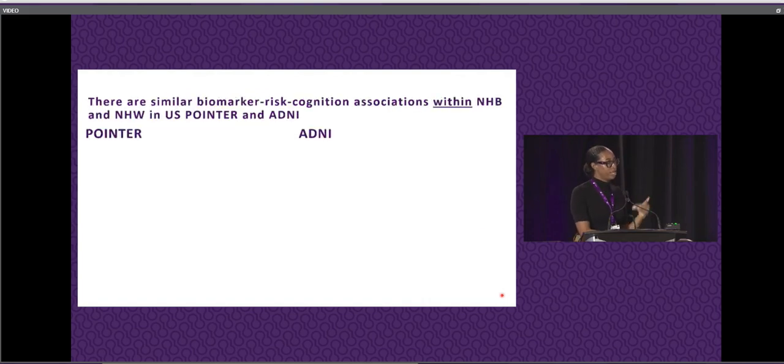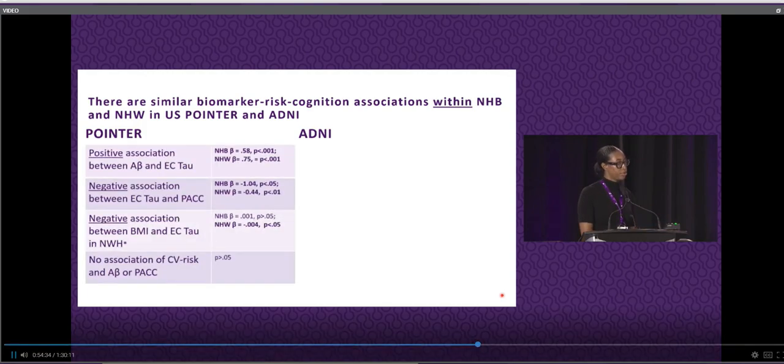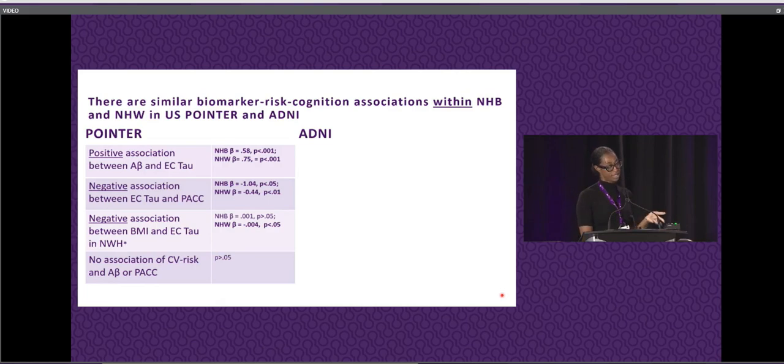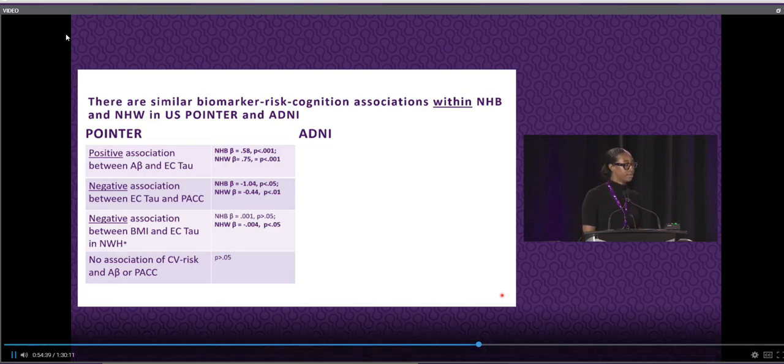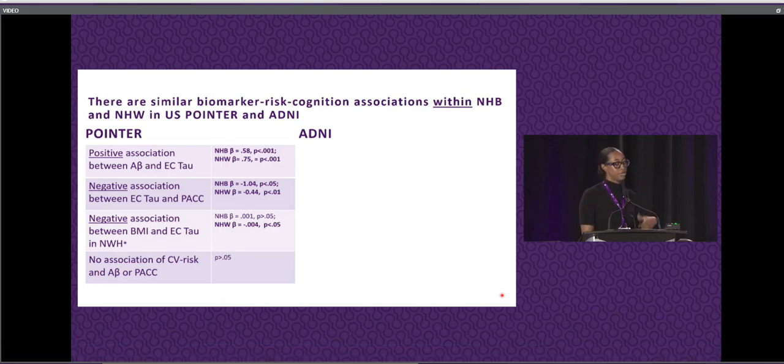And when we look at within-group, within-cohort biomarker, risk, and cognition associations, we actually see pretty similar associations in both ethno-racial groups across both cohorts. In the POINTER study, we see an expected positive association between amyloid and tau in both groups. We also see the expected negative association, with higher entorhinal tau associated with worse PAC performance in both ethno-racial groups.